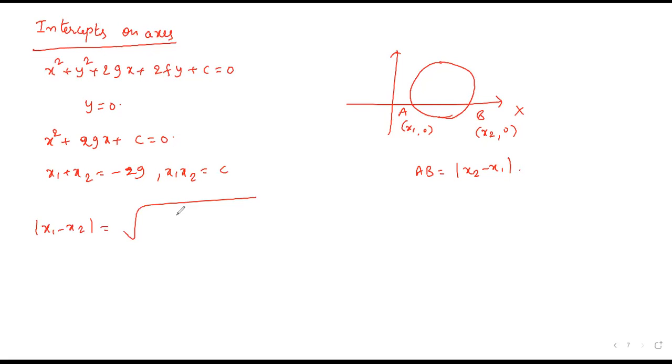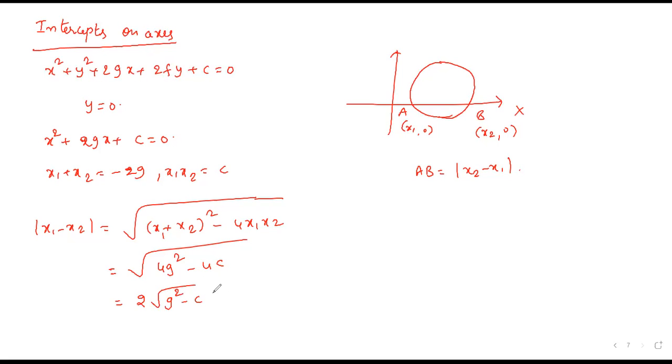This we can write in terms of known values. That is root of (x1 plus x2) whole square minus 4 x1 x2. So (x1 plus x2) whole square is (minus 2g) whole square, that is 4g square, minus 4 x1 x2 which is 4c. Root 4, the 2 comes outside, 2 into root g square minus c. 2 into root g square minus c is the length of the intercept made by the circle on the x-axis. Nothing but simply we can write the x-intercept.